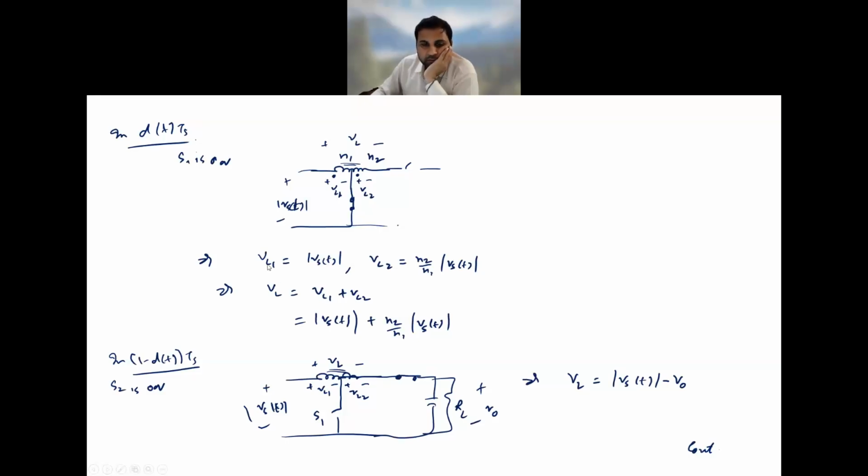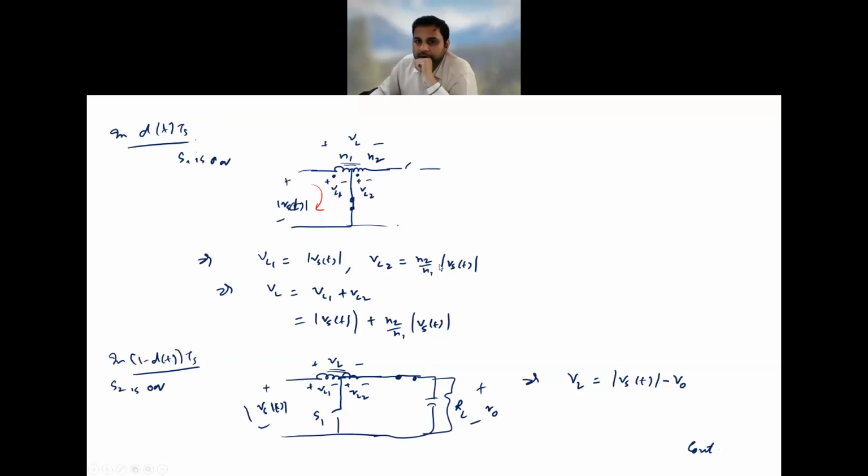So your VL1 is modulus Vs of t, because in this circuit if you take KVL you will get this value, while VL2 is the induced voltage which you will get from whatever you are getting in the first inductor.